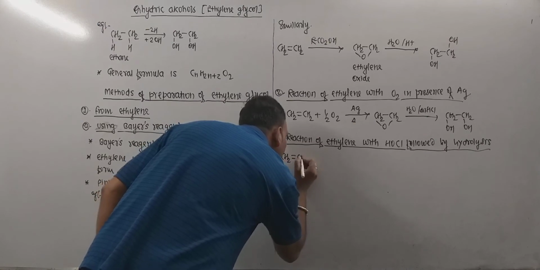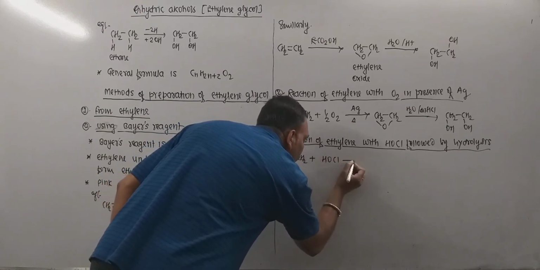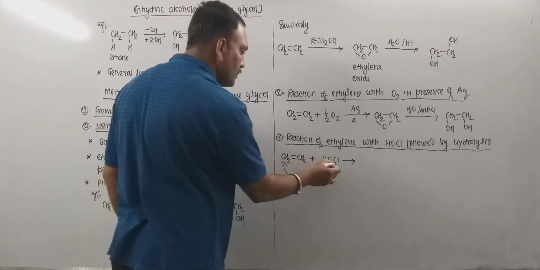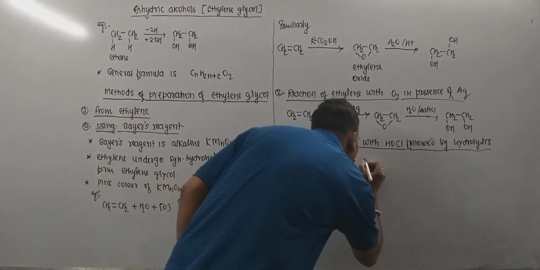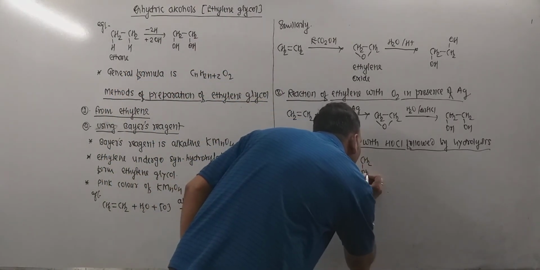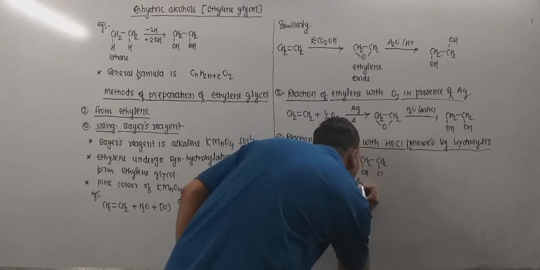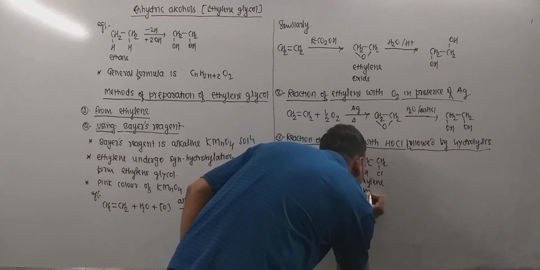So when ethylene is treated with HOCl, that is hypochlorous acid, then simple addition takes place, and addition of hypochlorous acid to ethylene give rise to the ethylene chlorohydrin, which can be given as, this is ethylene chlorohydrin.